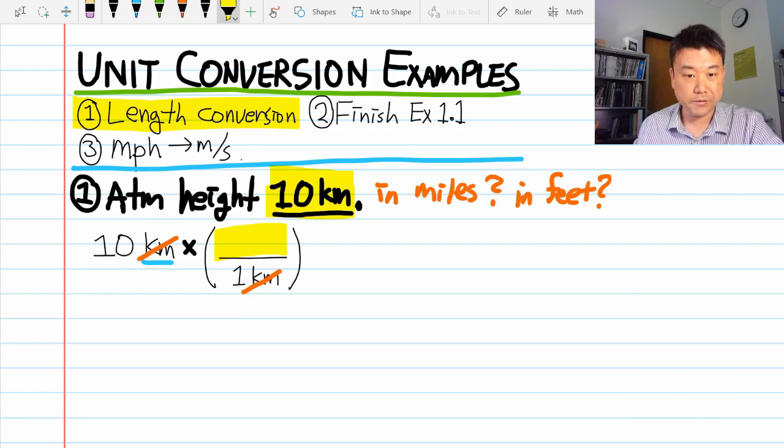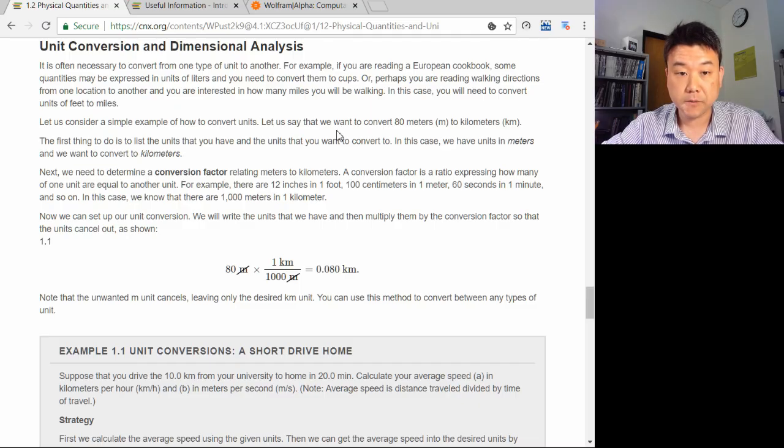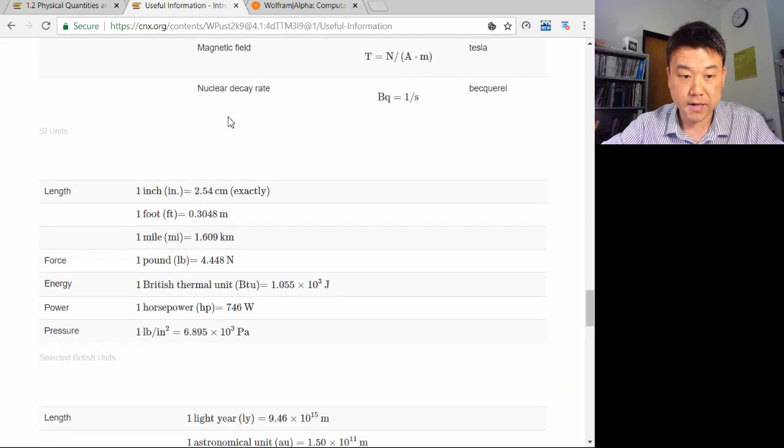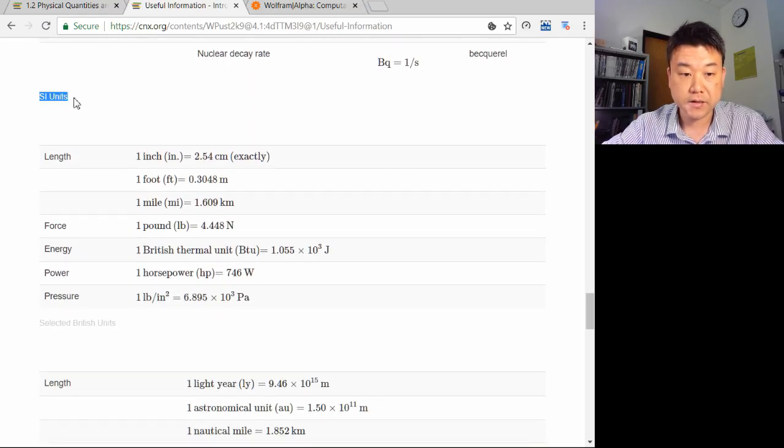Now this is where I need to look up the conversion factor. Fortunately, your textbook has these conversion factors at the very end under useful information. This is like the back of a physical textbook. When you scroll down, you will see a section for SI units, and that's where I see these factors relating inches to centimeter, foot to meter, and mile to kilometer.